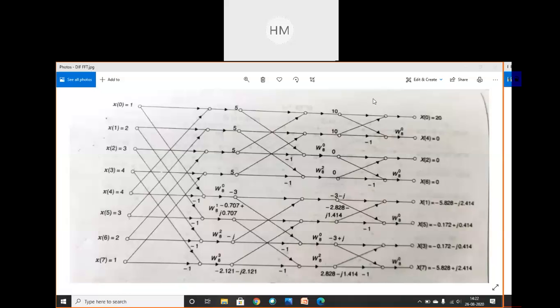Yes. Twiddle factors. So what is the first twiddle factor? Always 1. No need to find. Next.